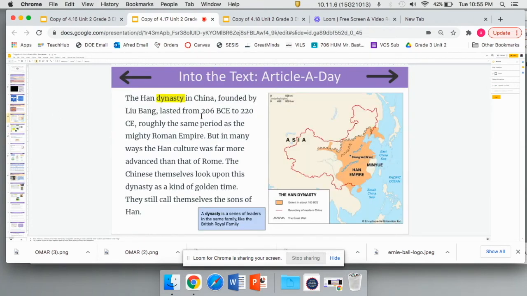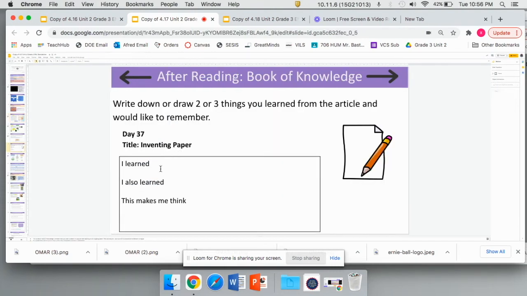So the first thing I want to write is that paper was invented during the Han Dynasty in China. I learned that paper was invented during the Han Dynasty in China.